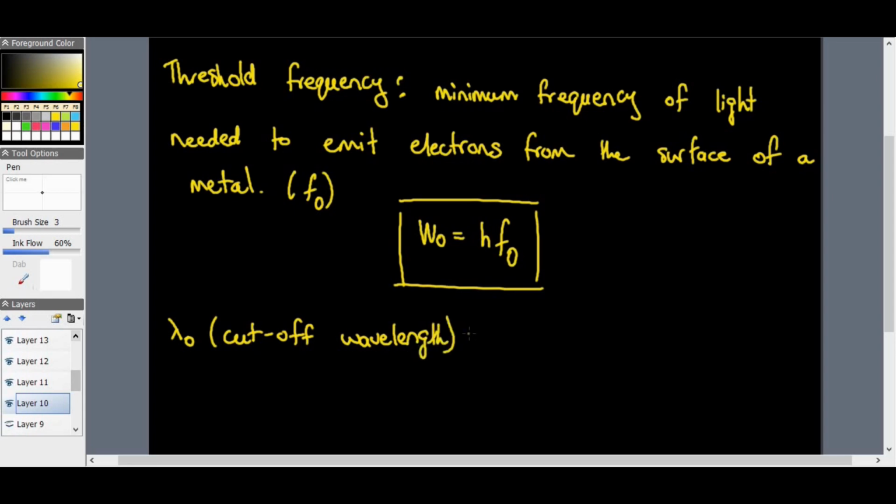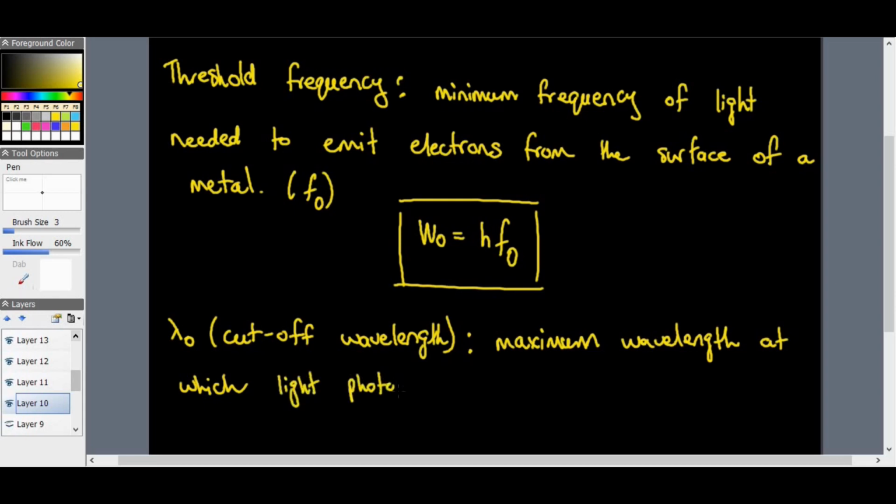Now, the cutoff wavelength of a metal is the maximum or longest wavelength at which light photons can emit photoelectrons.